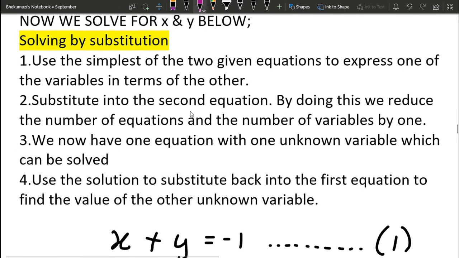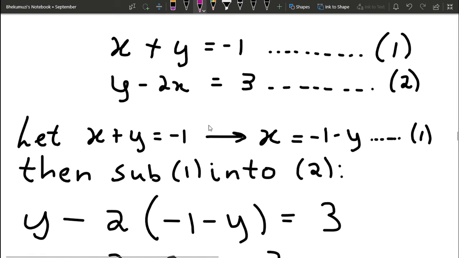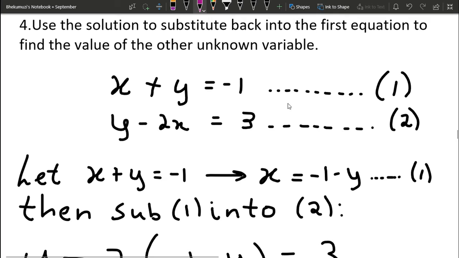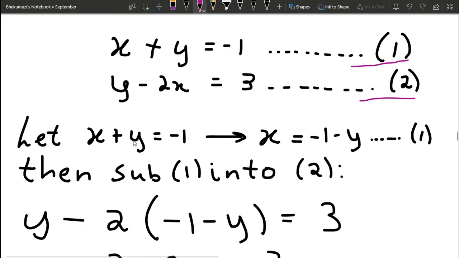Okay, so here is the method. You can just stop the video and look at it, but I'll go to the example now. What we do is we name the first equation as equation 1. This is very important. Name the equations as equation 1 and equation 2. And then the second thing is to take the easiest equation.